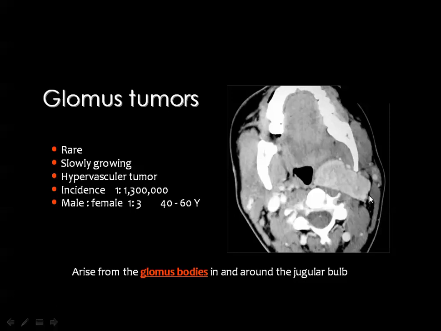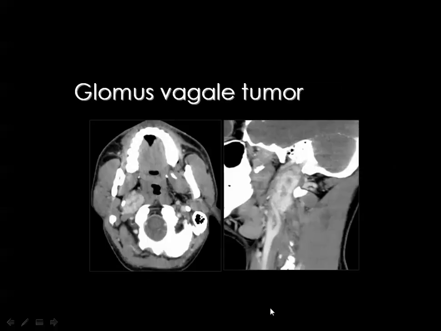And in the region of the parapharyngeal fat, you can see that the tumor is arising posterior to the fat. The fat is obliterated here, and also posterior to the styloid process, which is usually displaced anteriorly. Then, in order to discriminate between the glomus vagal and the carotid body tumor, there is a simple way.